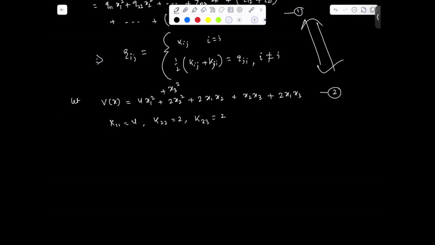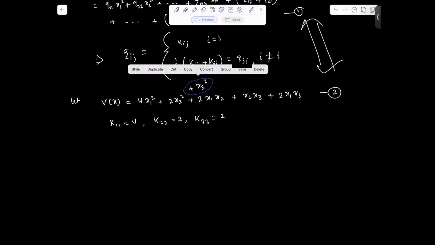And K33, actually K33 is here: 2x2 square plus x3 square plus 2x1x2. So here we can write this is 1.